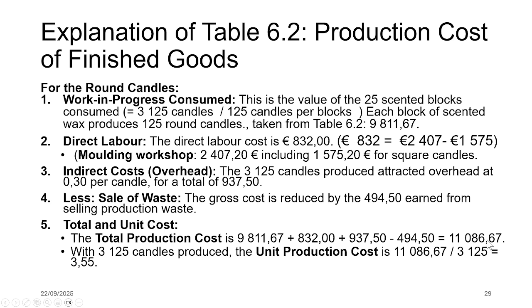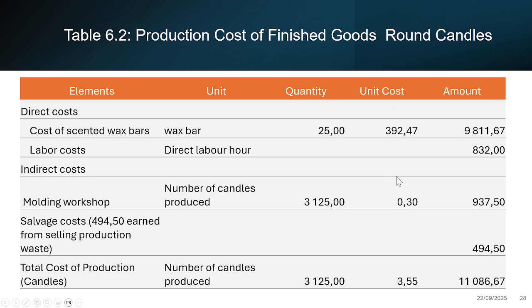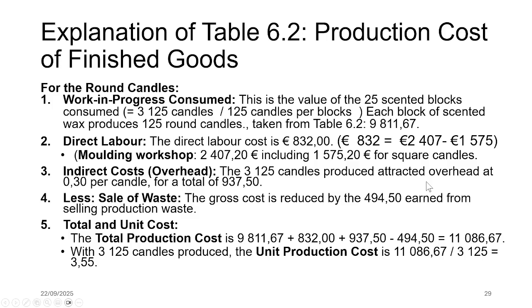So now we have 11,086 euro. With 3,125 candles produced, the unit production cost would be equal to 3.55 per round candle. Right? So here is the table that gives the full information.